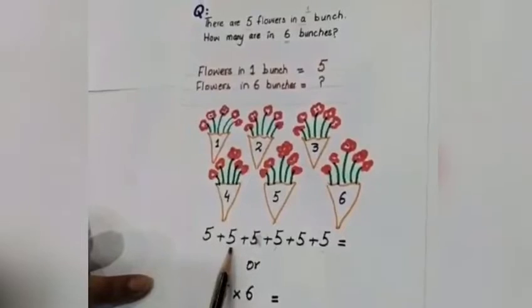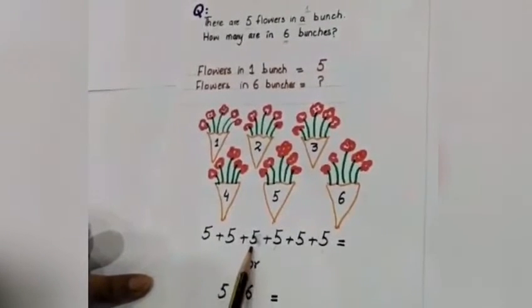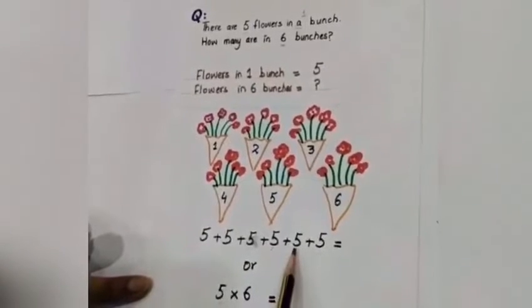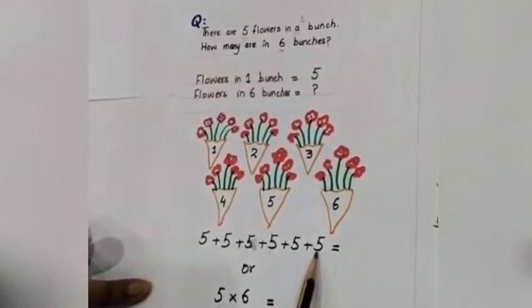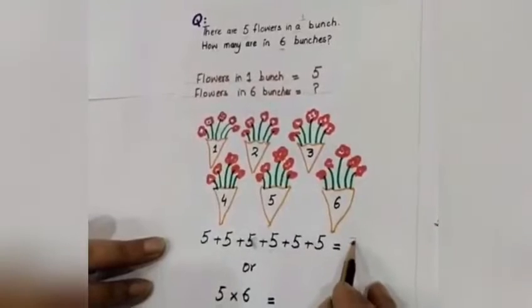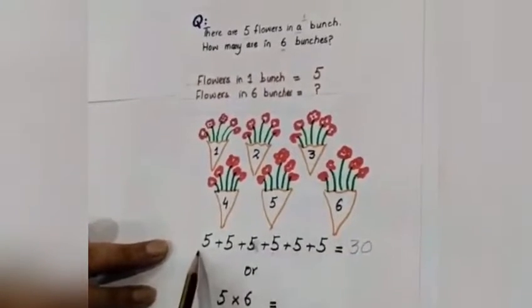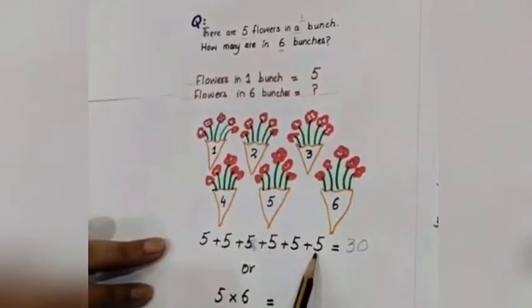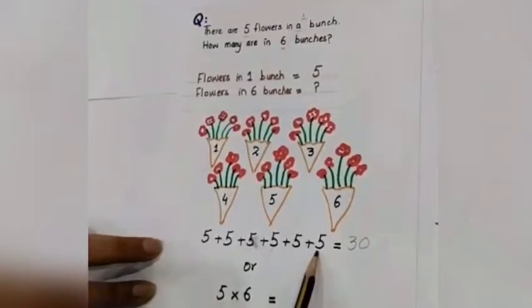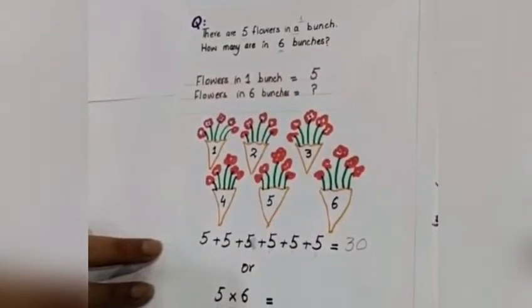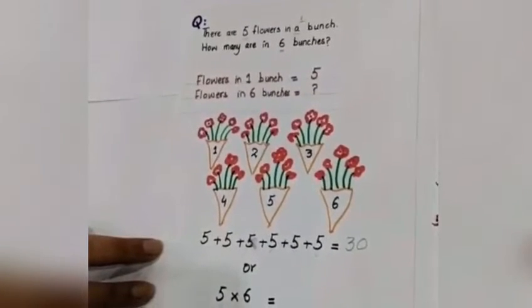So 5 plus 5 is 10, 10 plus 5 is 15, 15 plus 5 is 20, 20 plus 5 is 25 and 25 plus 5 gives me 30. This is known as repeated addition. But if we get a larger number, that would be very difficult for us to solve with repeated addition. So in that case, multiplication is the easiest and most convenient way.